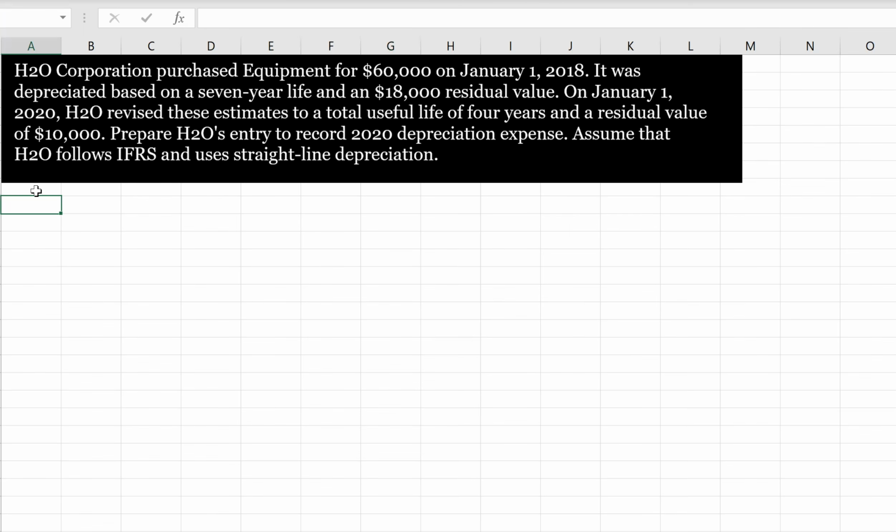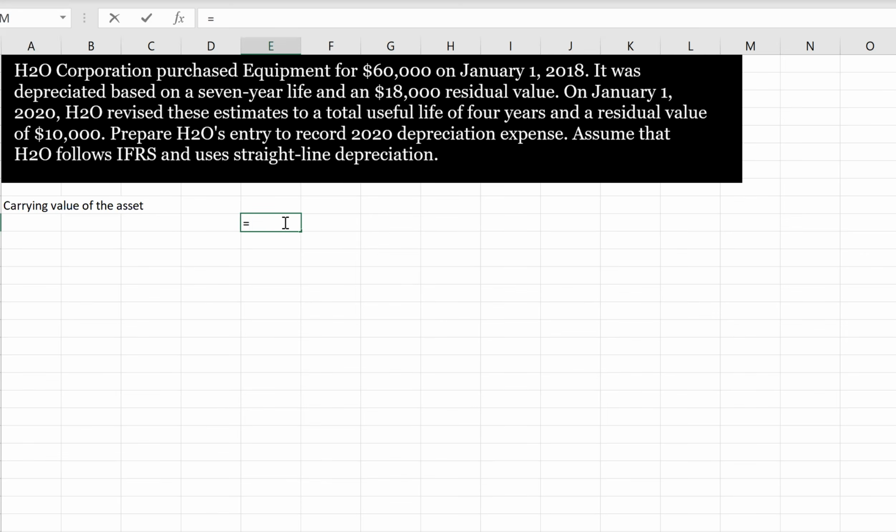So what is the carrying value of the asset? Let's start with that. The asset was purchased for $60,000 and it was based on a 7-year life and an $18,000 residual value.